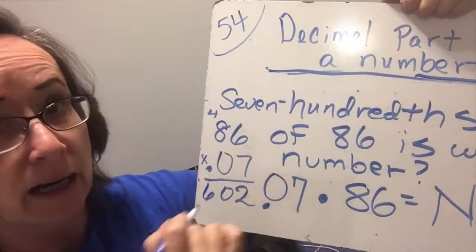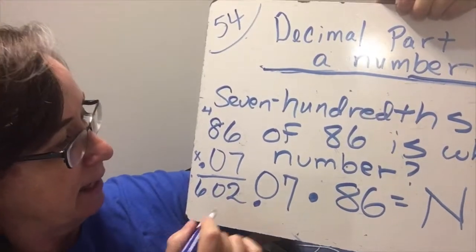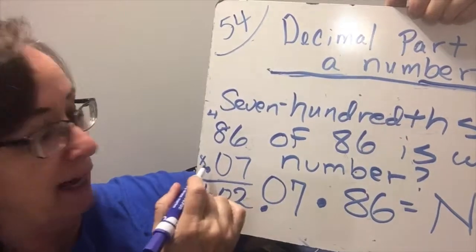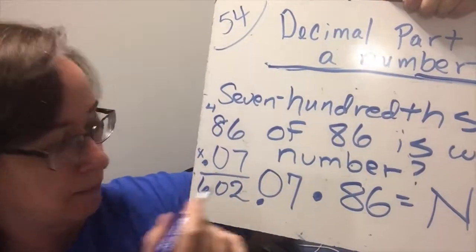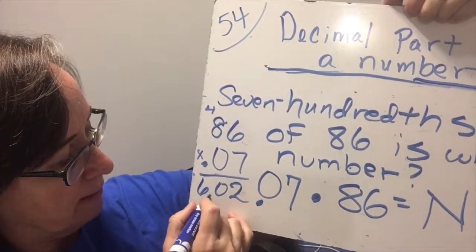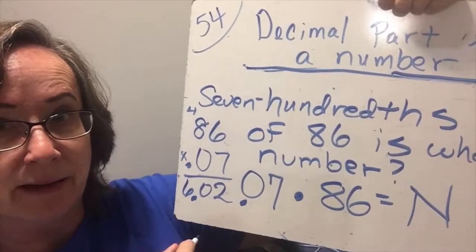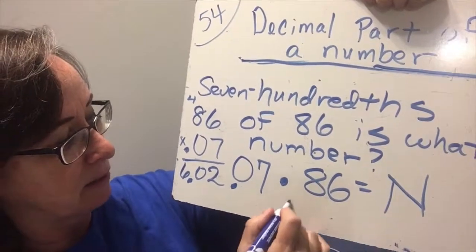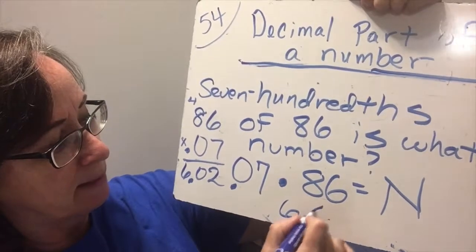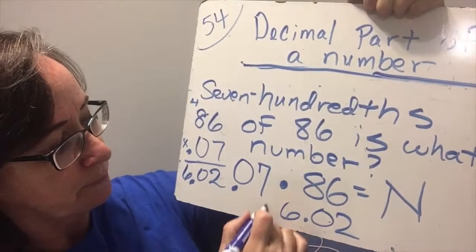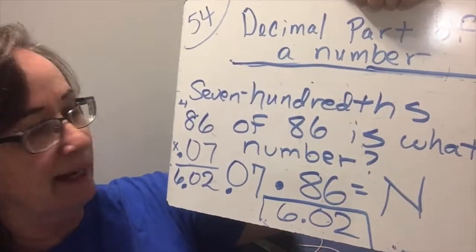And then 0 doesn't add anything to the mix. So this is my whole answer, but I have to put 2 decimals. So 1, 2 decimals, and 6.02 should be the answer. So 6.02 should be your answer.